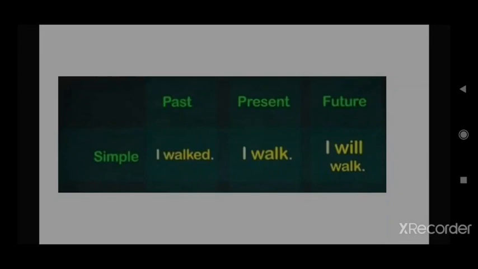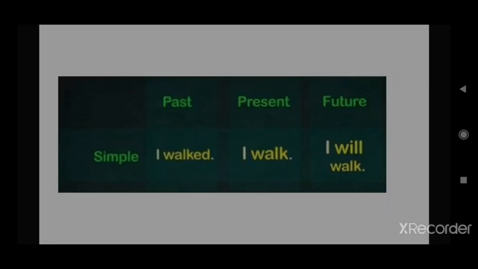The first one, I walked: here a verb is used to express the action happened, past, simple past tense, walked. Next, present, I walk. So that means a verb is used to express the action happens now. Future, the verb is used to express that the action is taking place in future.